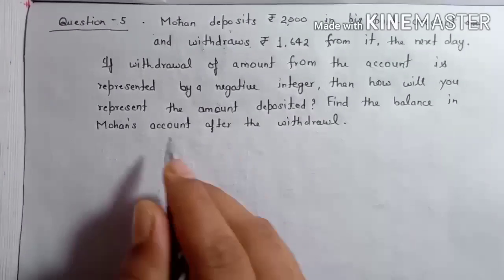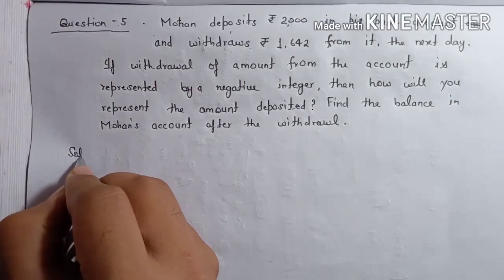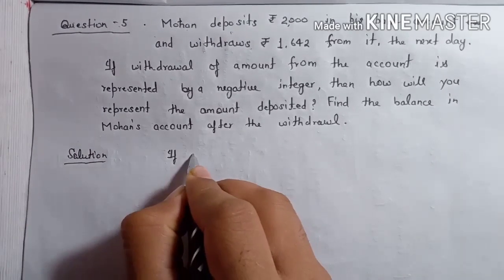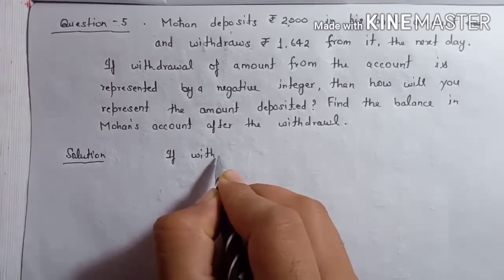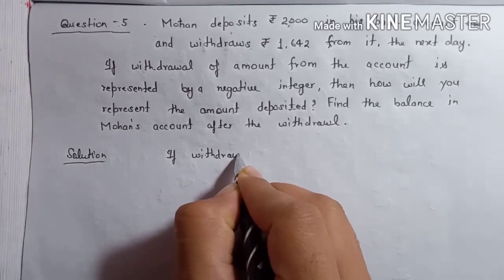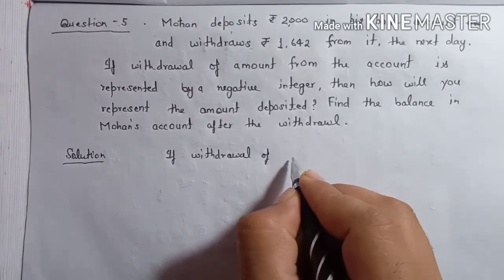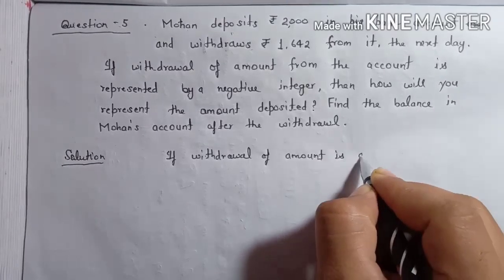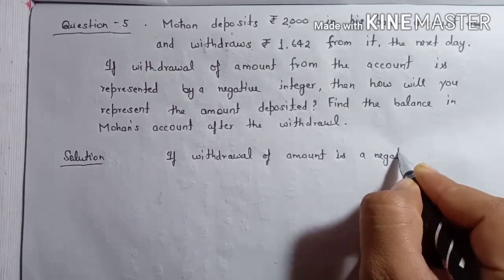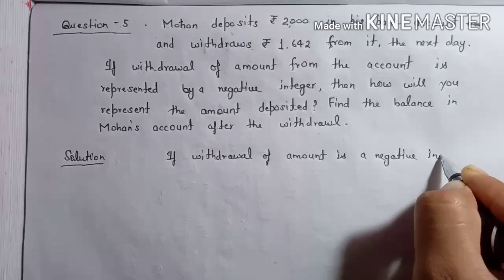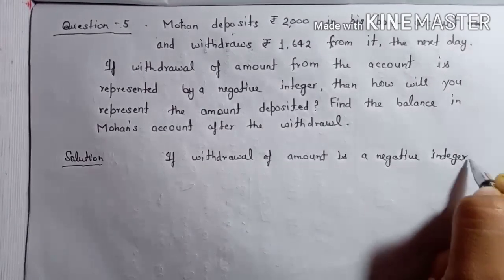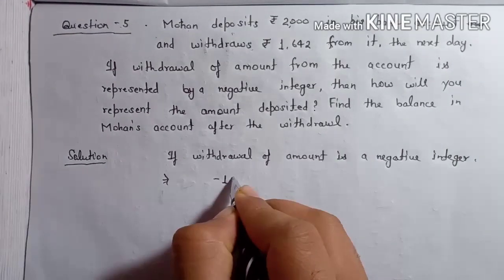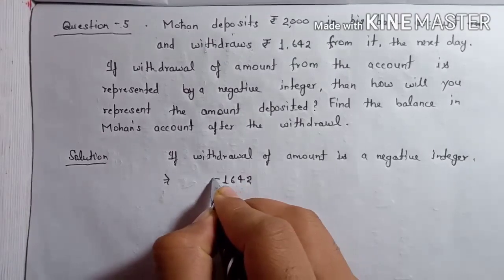Here the question says that if withdrawal of amount is a negative integer, that can be represented by minus 1642.